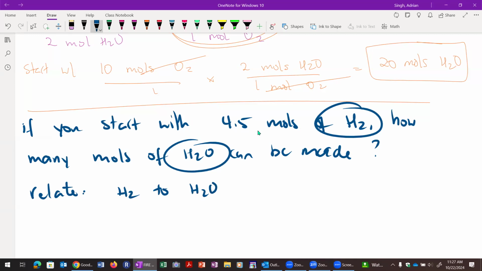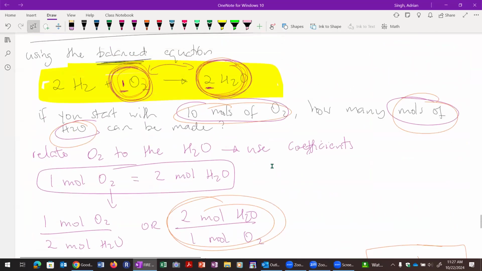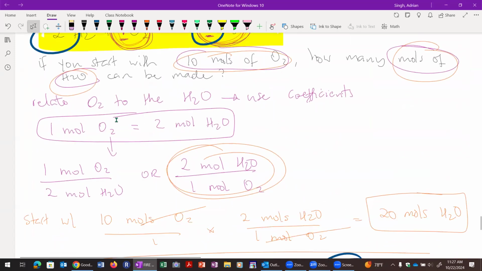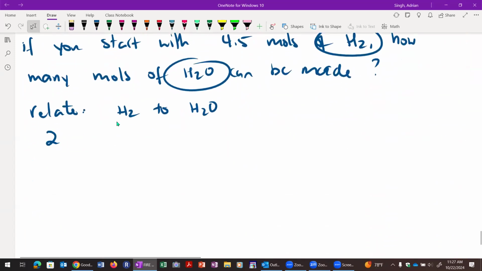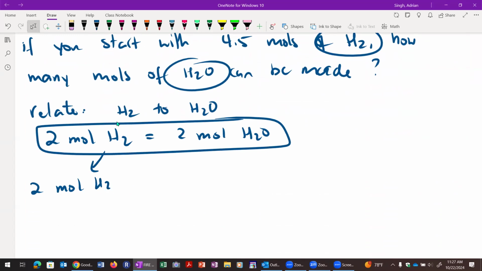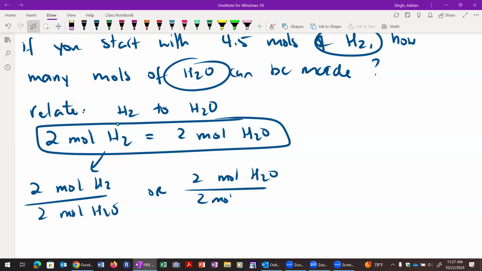We're not concerned about the oxygen now. If I look at the H2 and the H2O, the relationship there is 2 moles of H2 to 2 moles of H2O. So I can say 2 moles of H2 is equal to 2 moles of H2O. I have now my equality. I have my two conversion factors. Put one over the other, and then flip it to get the other conversion factor. So I have the things that I can use.